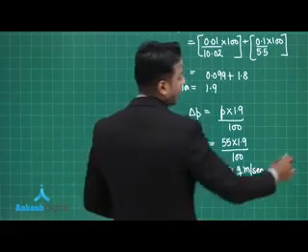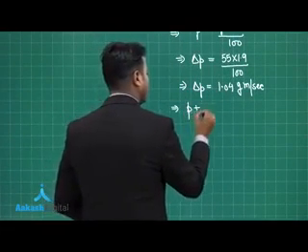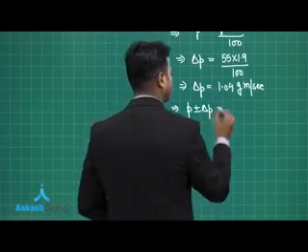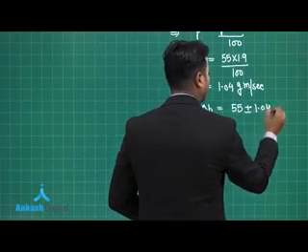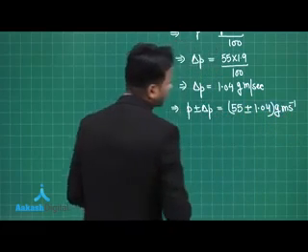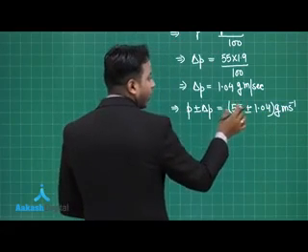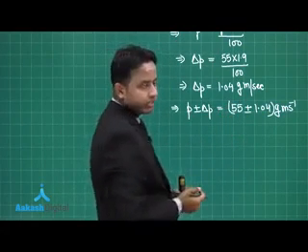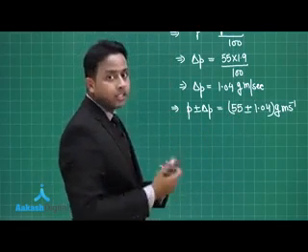So the final answer of momentum can be written in this manner. So this is P plus minus delta P. So this is 55 plus minus 1.04 gram meter per second. But tell me, if you are going to take the error limits, the mean value is up to 2 significant figures. But if I take the error limit, the answer will come out to be in 4 significant figures.